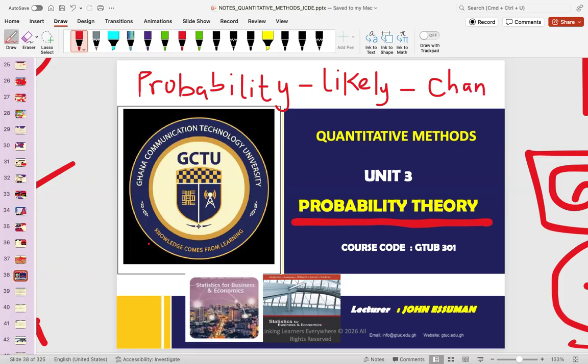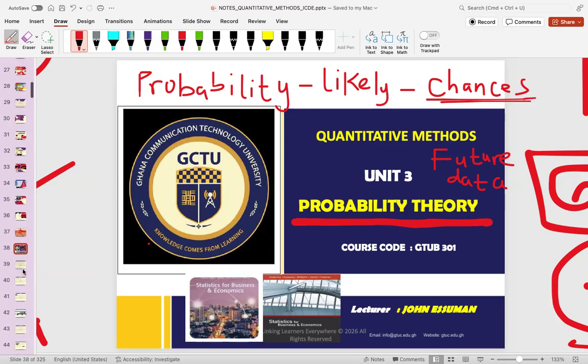Probability is all about chances, and so it doesn't have present data or past data. It can only generate future data. So we want to look at this theory and see how we can apply it in real life.